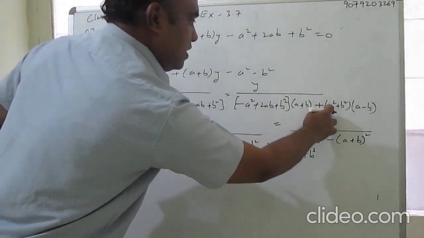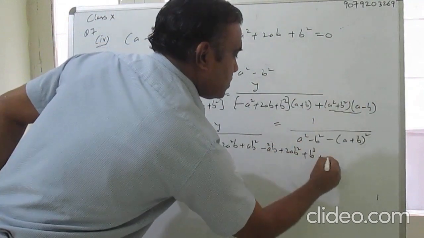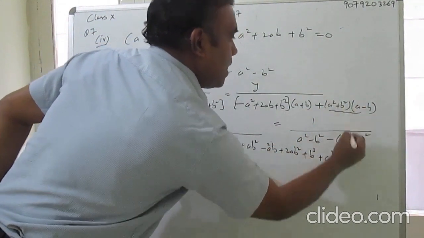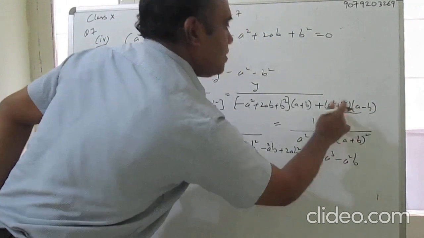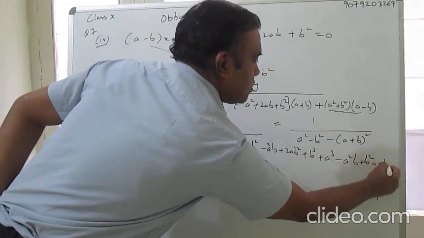Now with this, I take this, so a square multiplied by a plus a cube minus a square b and plus b square a and minus b cube.